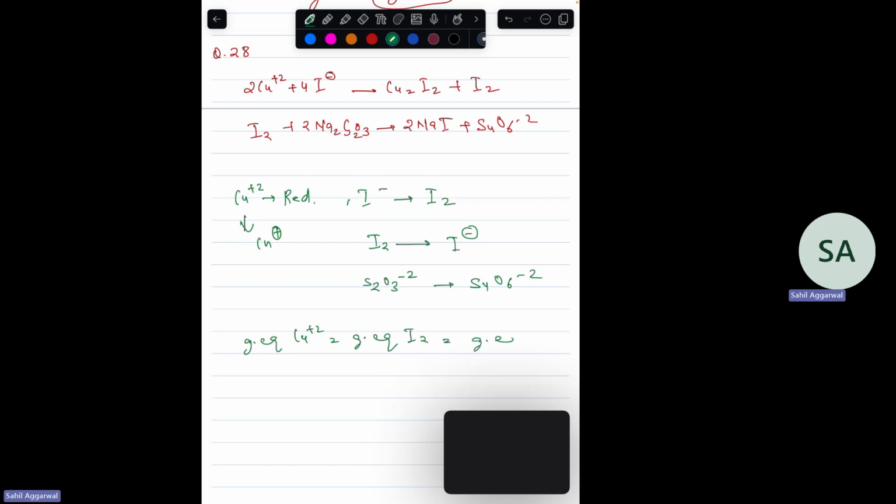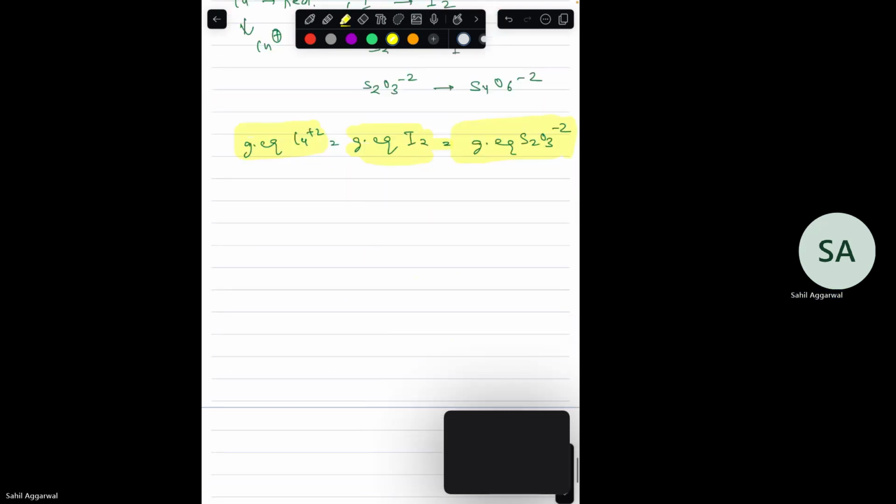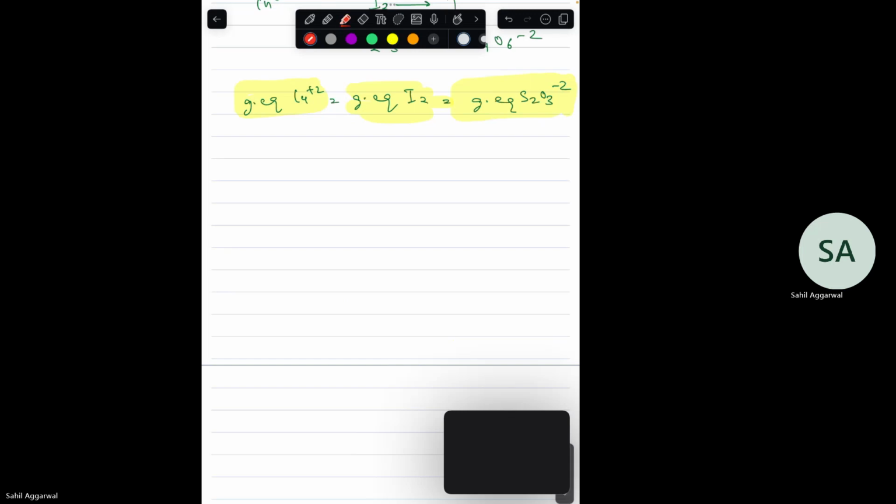That gram equivalent would be equal to same as S2O3 2 minus. तो ऊपर वाले रिएक्शन में सारे ग्राम इक्विवेलेंट बराबर होंगे, नीचे वाले रिएक्शन में सारे ग्राम इक्विवेलेंट बराबर होंगे. तो Cu2 प्लस के ग्राम इक्विवेलेंट जो है S2O3 2 माइनस के ग्राम इक्विवेलेंट के बराबर होंगे. तो सॉल्व करते हैं.